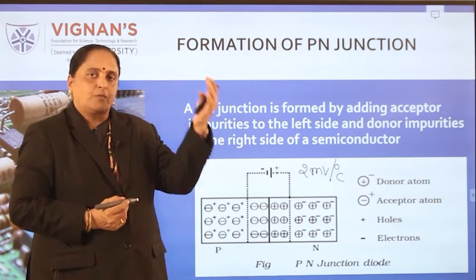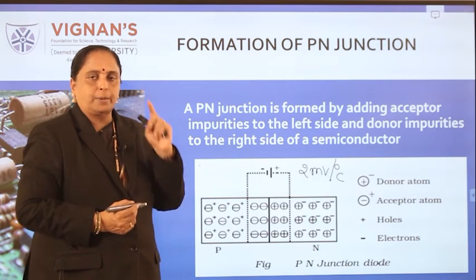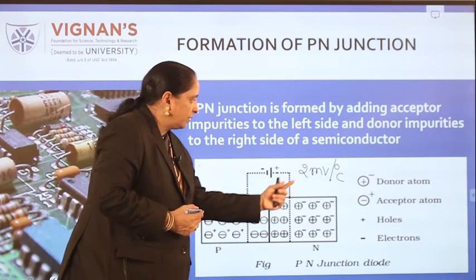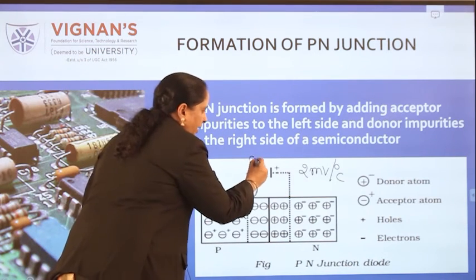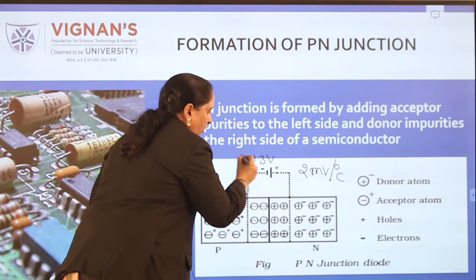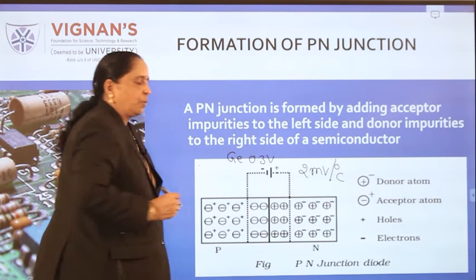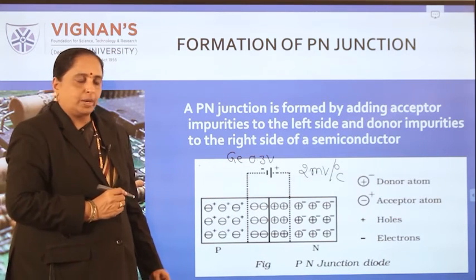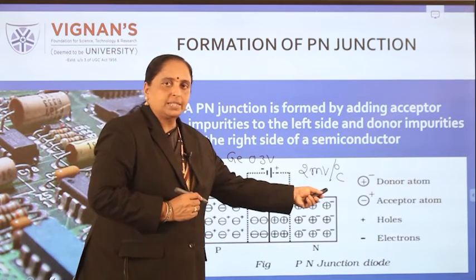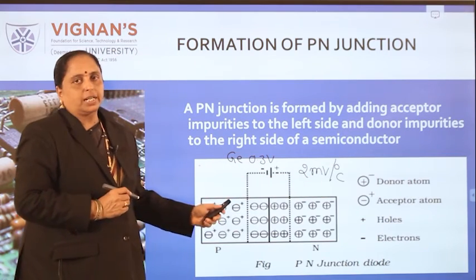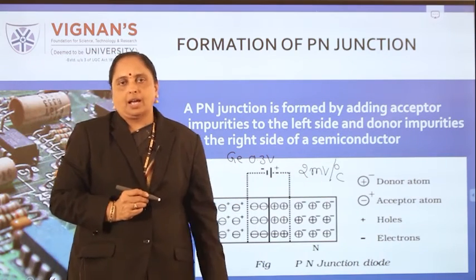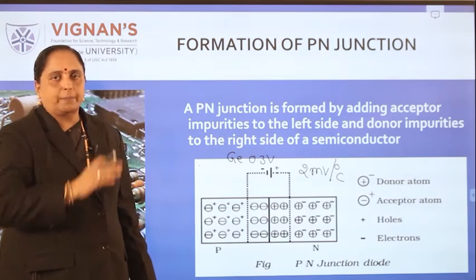That is the forward bias voltage, but due to temperature also, the barrier voltage decreases. Actually, what is the barrier voltage here? 0.3 volts for germanium and 0.6 volts for silicon. But if due to temperature the barrier voltage also decreases, this should be avoided. So there is a lot of temperature dependence on the semiconductor device.